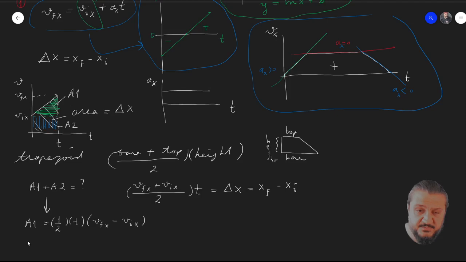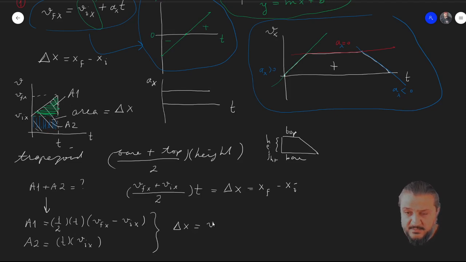And A2, the area of the rectangle below it, that is T base times height times VIX. Okay, so if you add these two, you get delta x.